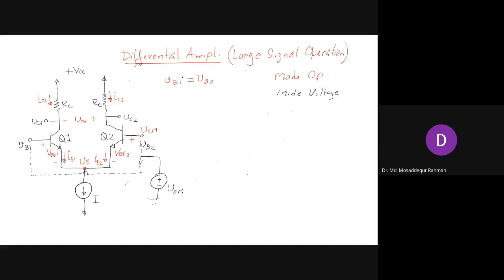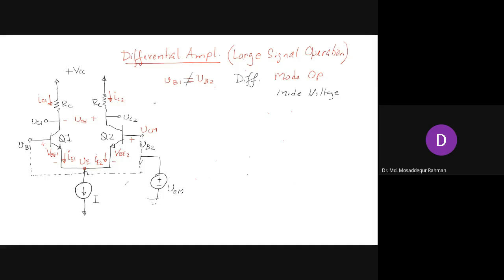So now we consider the differential mode operation. In the differential mode operation, these two are not the same. VB1 is not the same as VB2, and that is called differential mode operation.